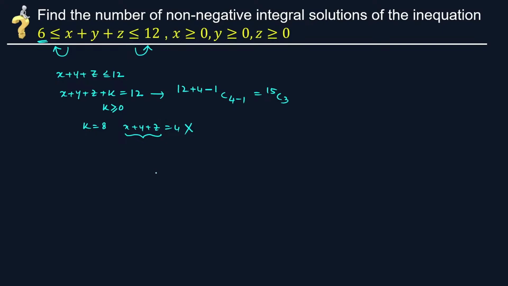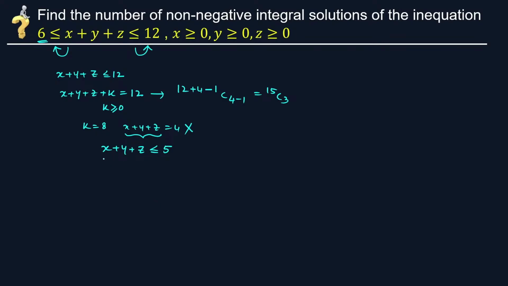So I have to eliminate all those possibilities where x plus y plus z becomes less than 6. That is, we have to eliminate all the possibilities where x plus y plus z is less than equals to 5. Till 6, it's okay, I will take it. But below 6, I'm not going to take it.